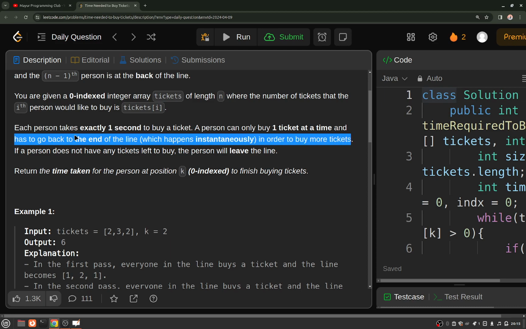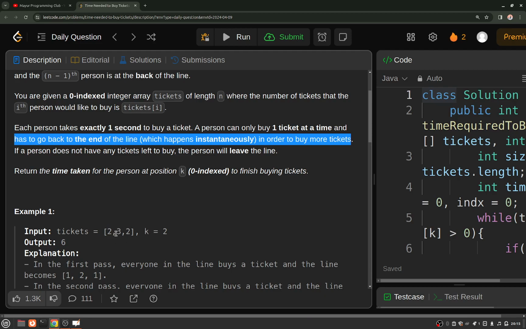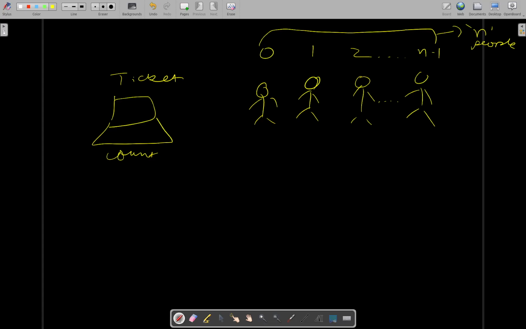If we take the very first example that is given, there are three people only, so our number of persons is limited to this particular line and this one will not be considered. The first one wants to buy 2 tickets, the second one wants to buy 3, and the third one wants to buy 2.